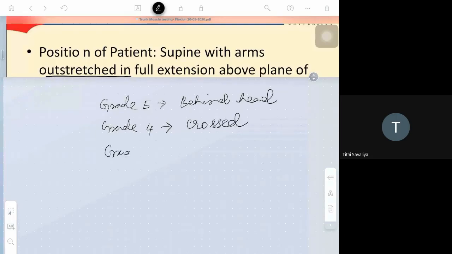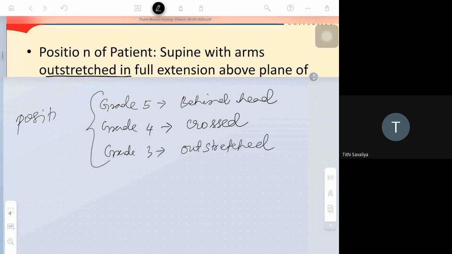In grade 3, arms are outstretched. So this is the position of the patient. Clear? In all the 3 procedures, you will ask the patient to curl up.